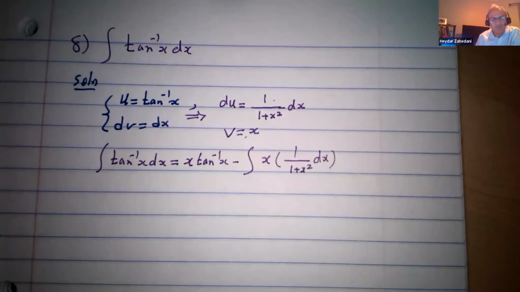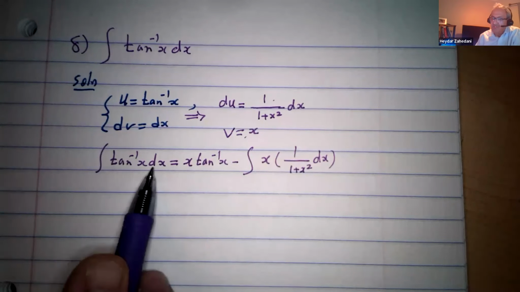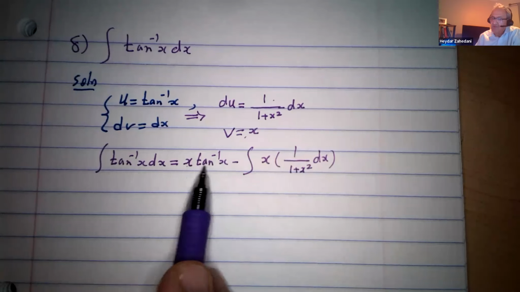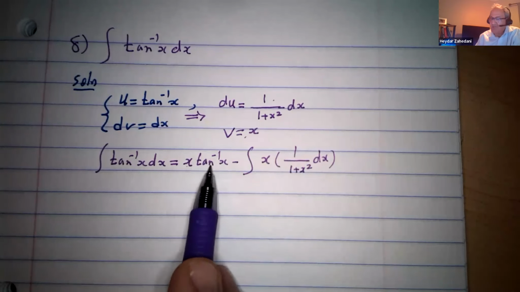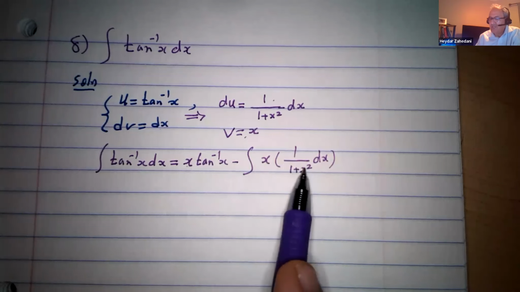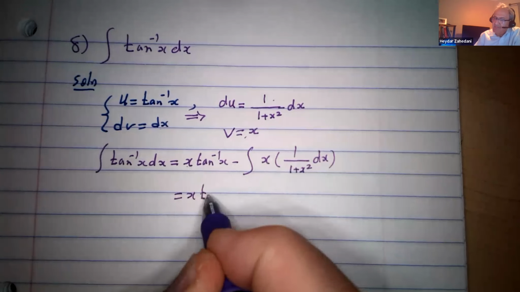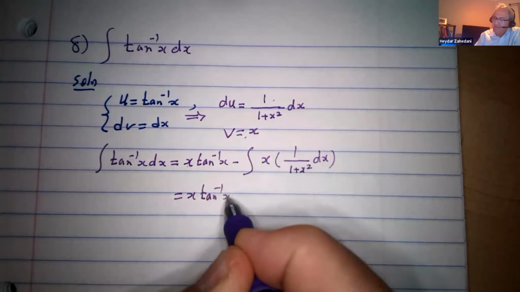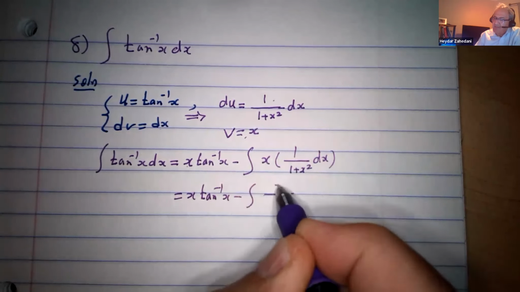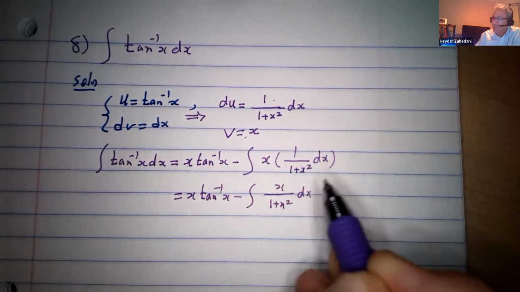So that's the actual formula: the integral of u dv is u times v minus the integral of v du. Now you have to take care of the other part. It's going to be x tan inverse of x minus the integral of x over 1 plus x squared dx.